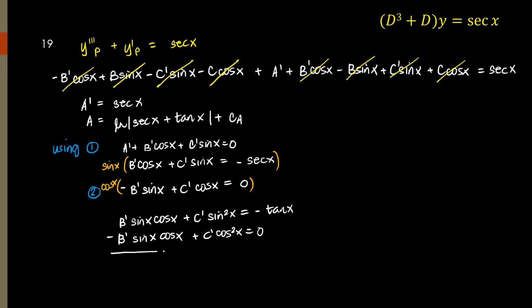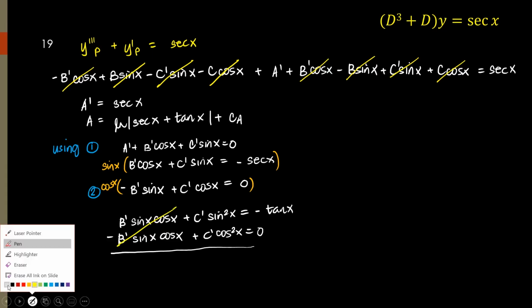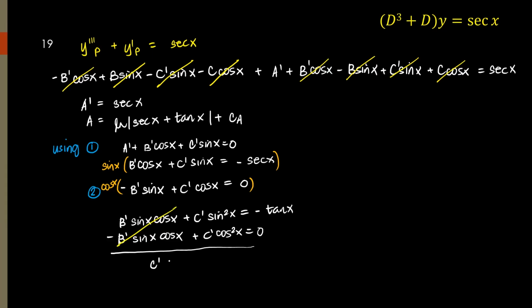And then if you would combine them, you'd notice that this one cancels out and you'll end up with c prime sine squared x plus c prime cosine squared x is equal to negative tangent of x, leading to c prime is negative tangent of x because sine squared x plus cosine squared x is equal to 1.